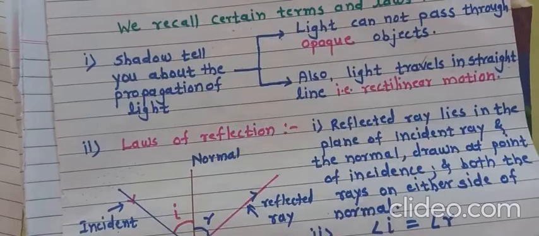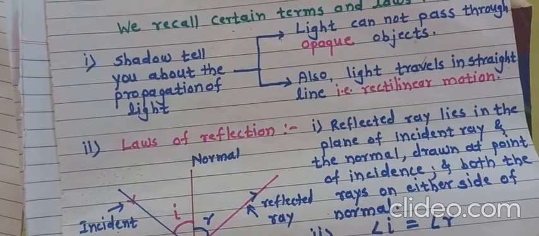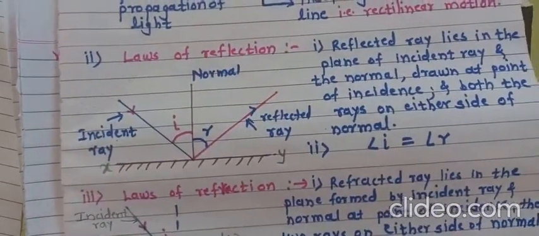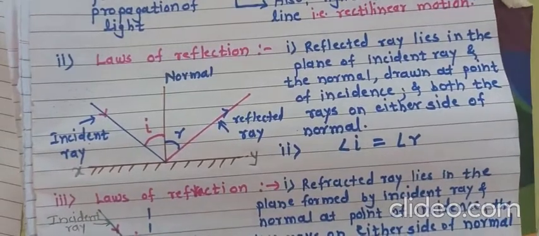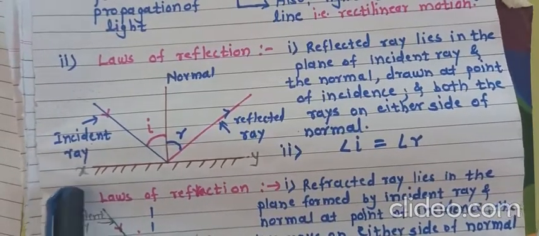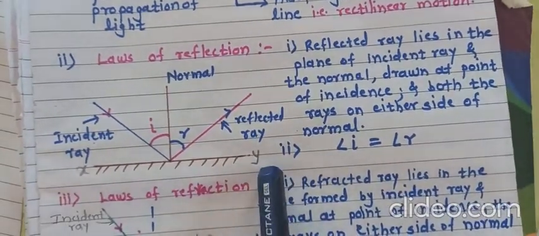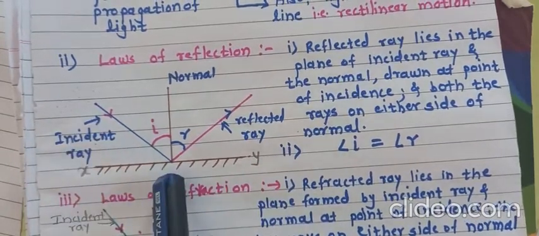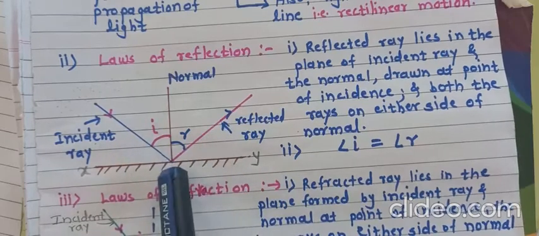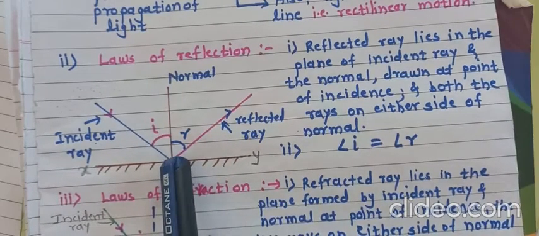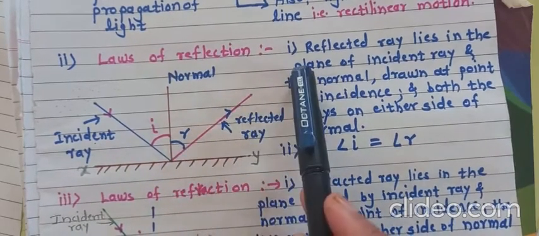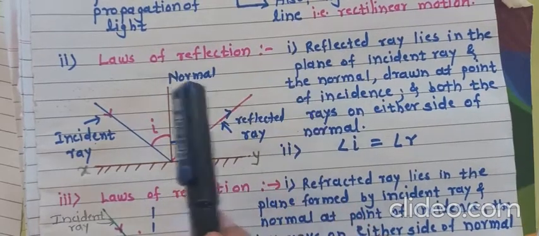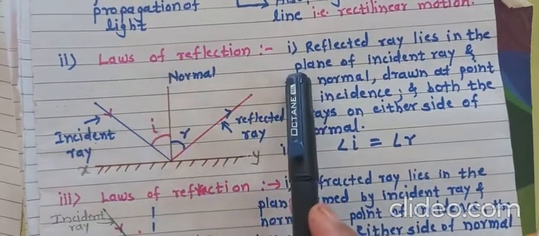Next, we recall the laws of reflection. To study the laws of reflection, we consider a plane reflecting surface XY in which an incident ray is incident at the point of incidence and reflected on the opposite side of the normal.